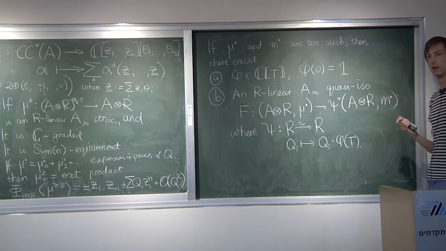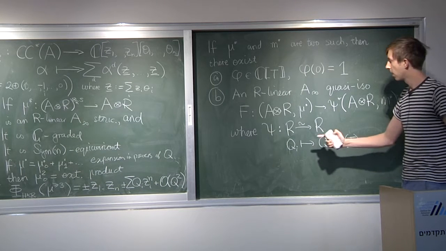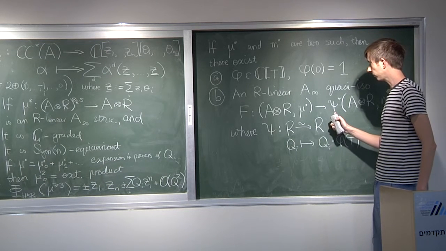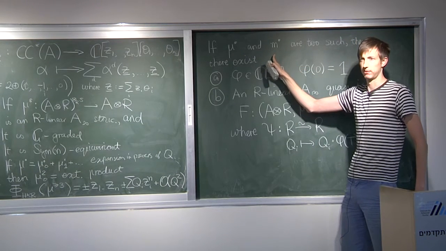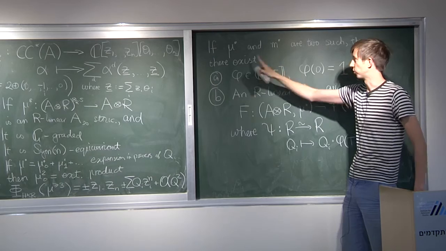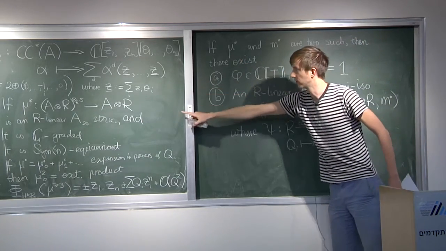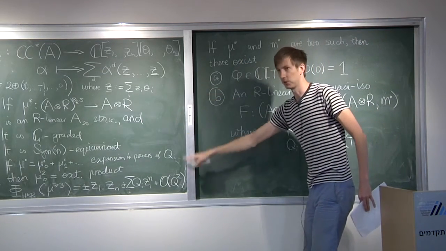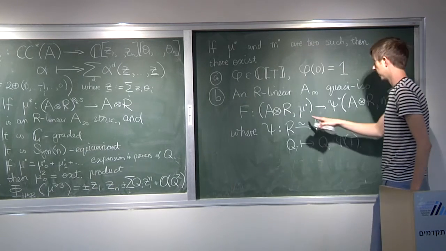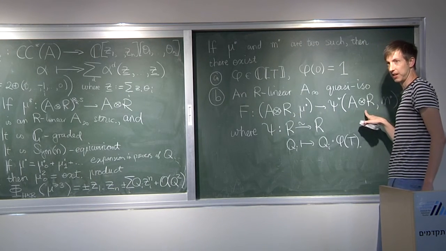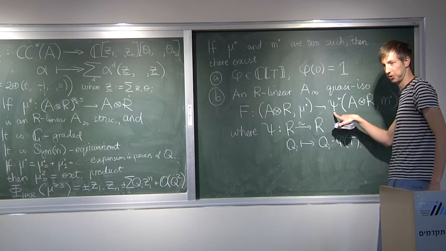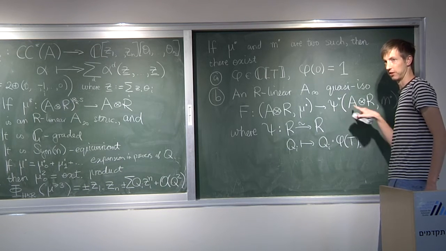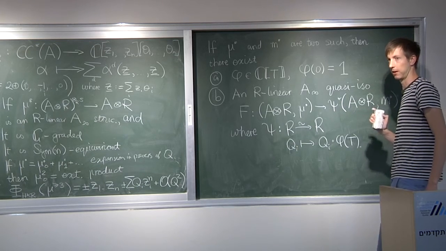I'm asking what it depends on. It depends on mu and m. So we'll show that as long as mu and m satisfy all these conditions, you can find an A infinity quasi-isomorphism between them, but only if you twist, put this correction, this change of variables in the ring.